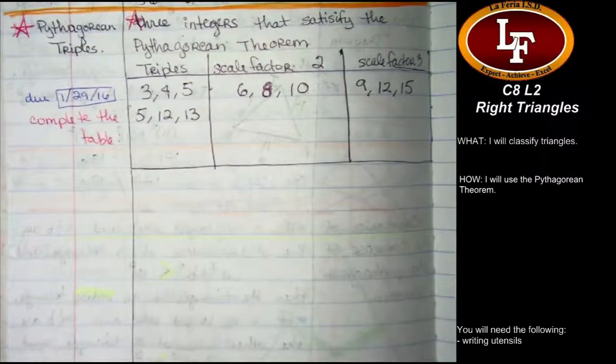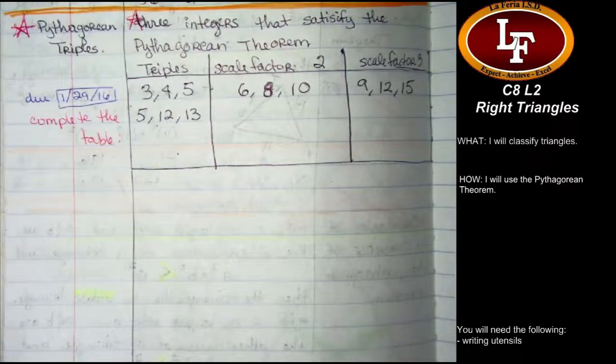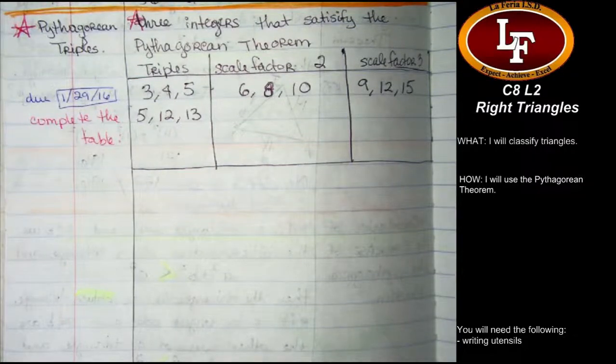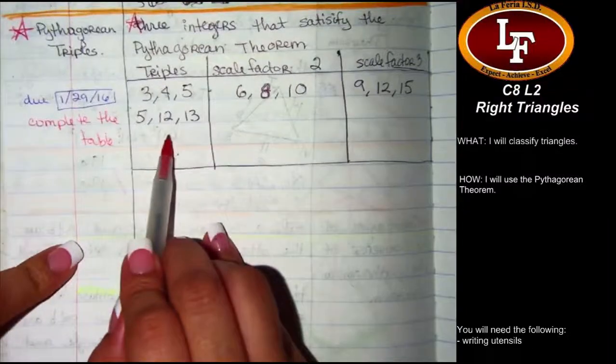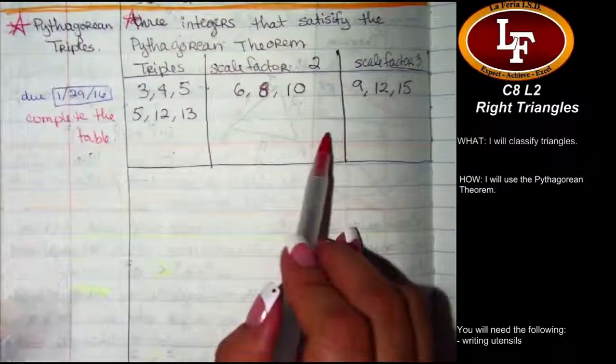But miss, you didn't give me 2 Pythagorean triples. I know. You have to go find some. Make up some numbers. Run them through the Pythagorean theorem. If you get things equaling each other, like you did with the 3, 4, 5, it's a Pythagorean triple and you can add it here. Then give me scale factors of 2 and 3.